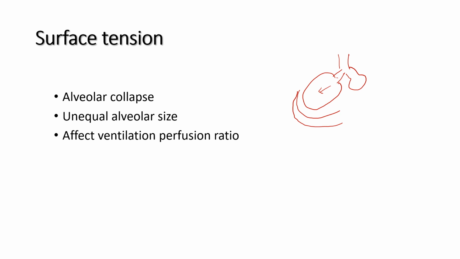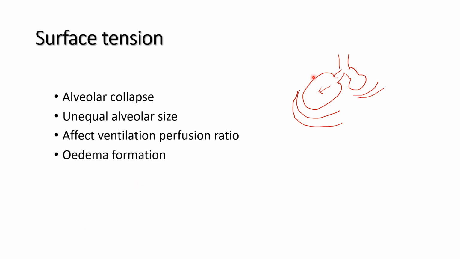The small alveolus is underventilated, so the blood there does not carry oxygen. This affects the ventilation-perfusion ratio.